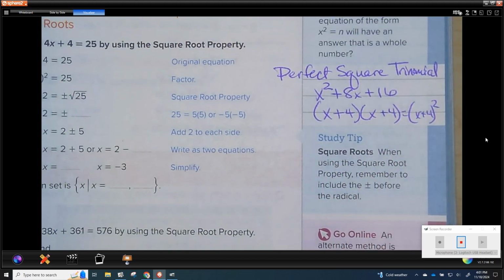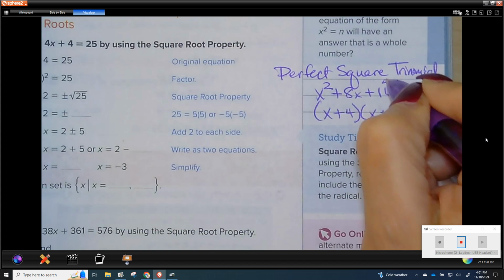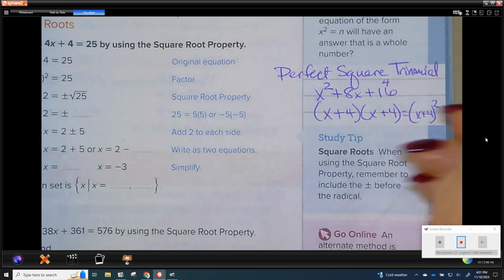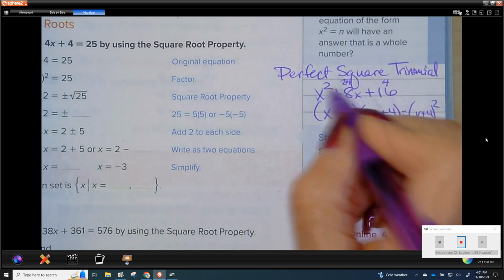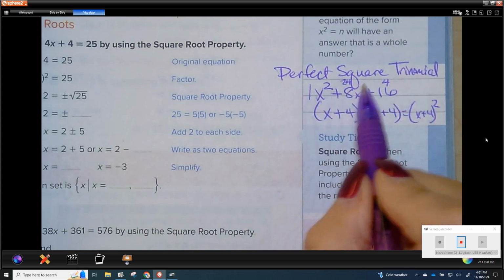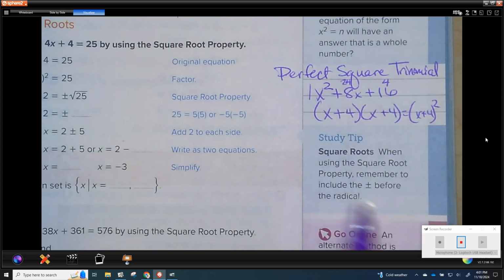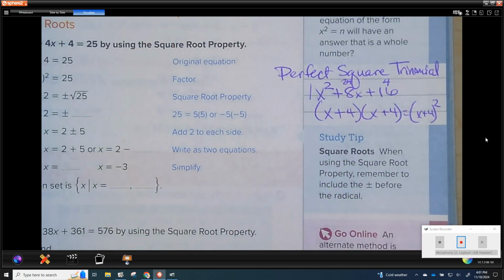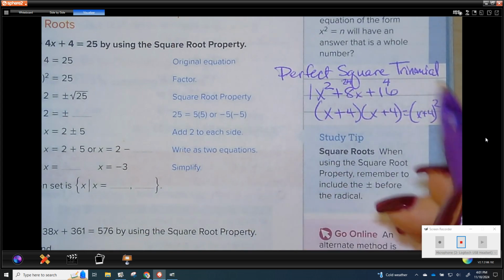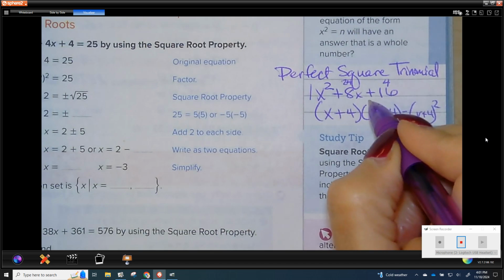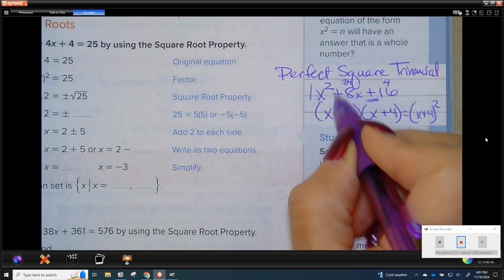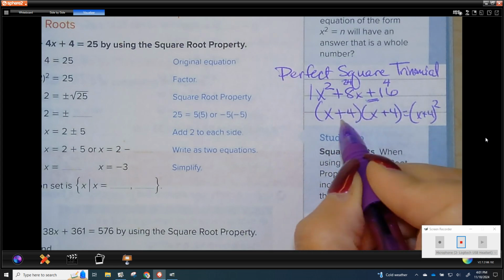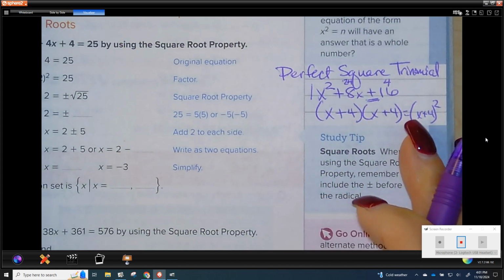How do I know that? Because 16 is a perfect square, the square root of it is 4, and the middle is 2 times 4. Now our a is 1 here, so it's actually 1 times 4 times 2 is 8, but that is a perfect square trinomial. Perfect square trinomials have a plus right there with the c, and your b's could be plus or minus. If it's a negative, then your factors are negative.